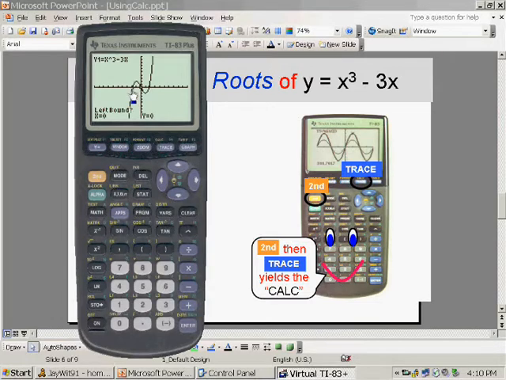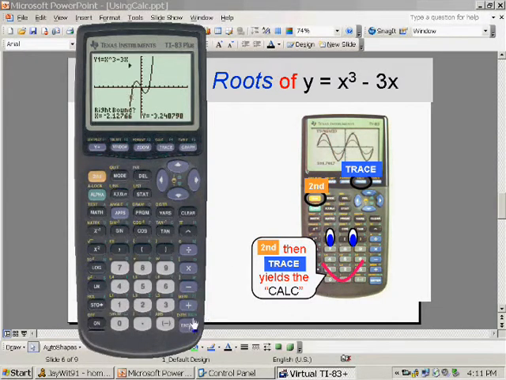Now I want to find this 0 right here first. The first thing it asks me is what is the left bound? I put in a left bound by cursoring. See how my X mark is moving? I have to make sure that I'm to the left of what I want to find. I'm certainly to the left, anywhere to the left of it.